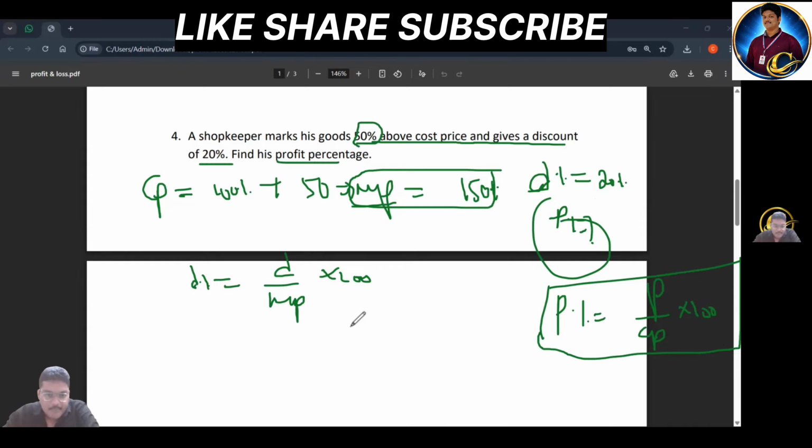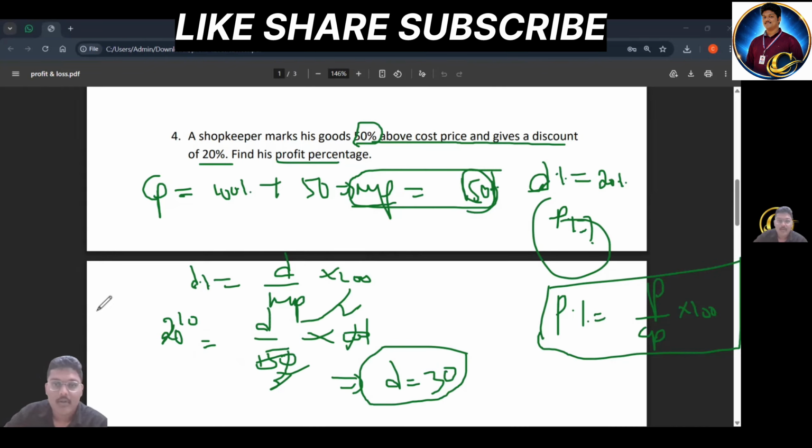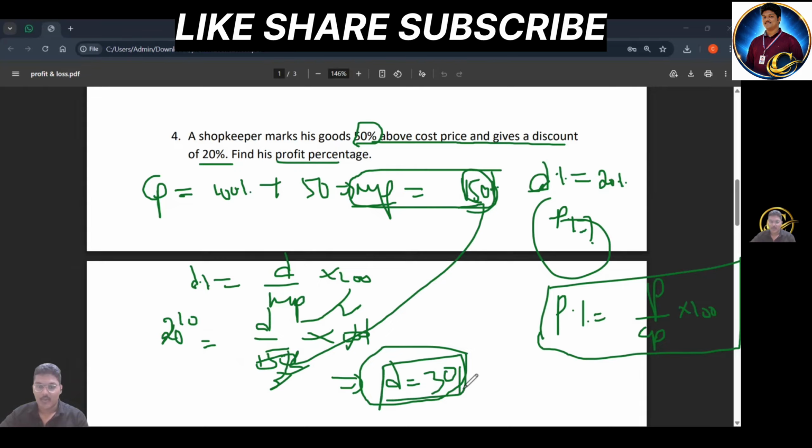Now, discount percentage was given, that is 20%. So 20 is equal to discount, which is what we need to find, by MP. MP is 150 above the cost price. So we replace the MP value, that is 150. Upon calculation, we get the discount amount is 30 rupees.